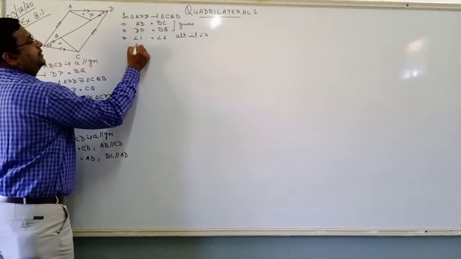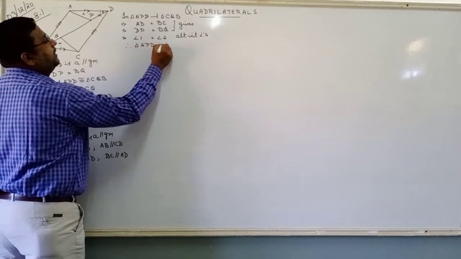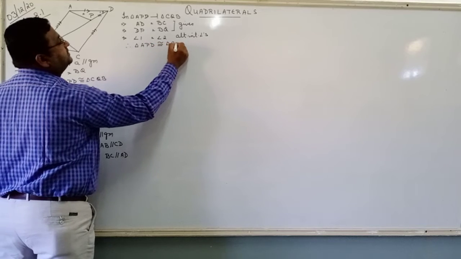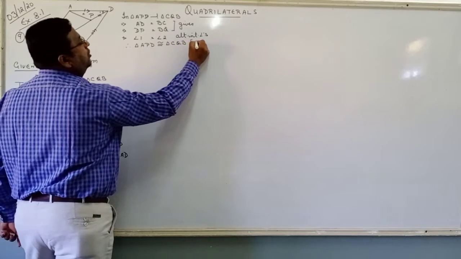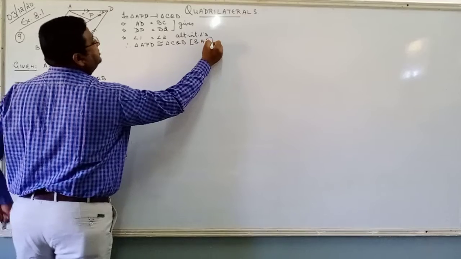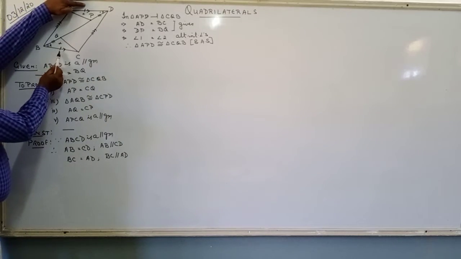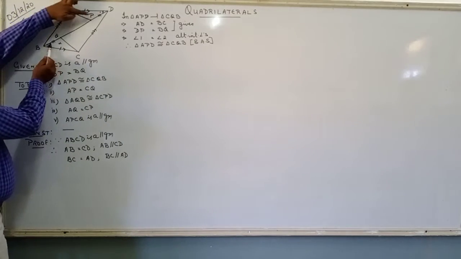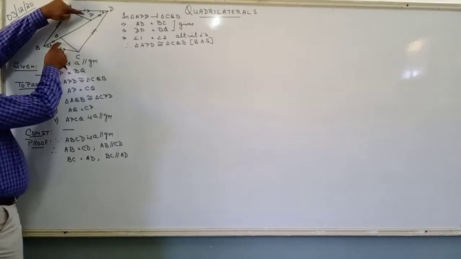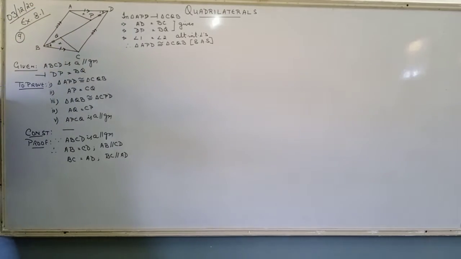So therefore triangle APD is congruent to triangle CQB. By what congruency? SAS. Side, angle and side. Two sides are equal and the angle between the two sides is also equal.